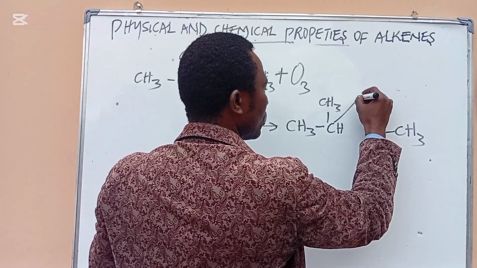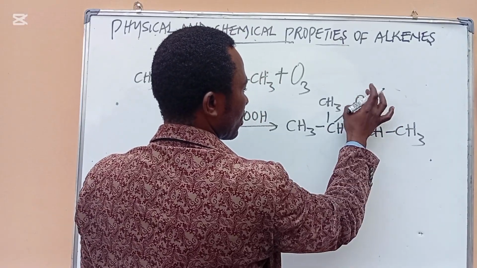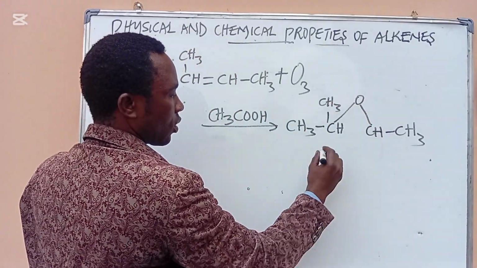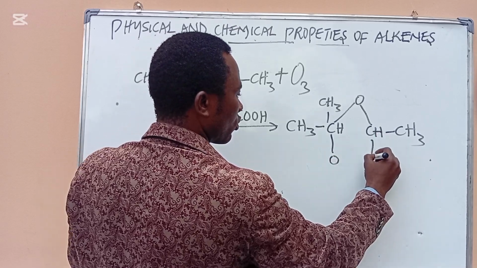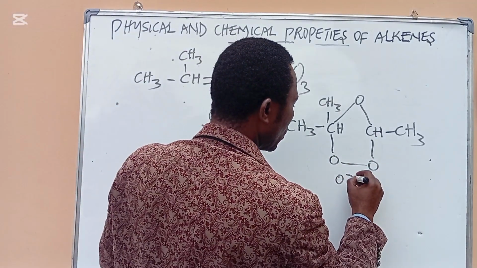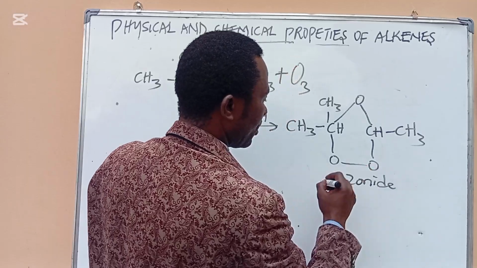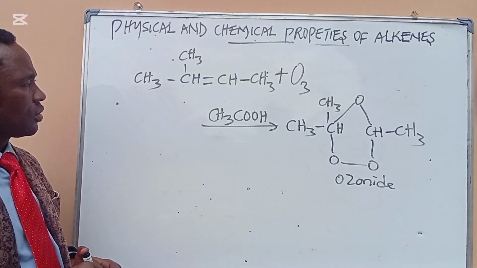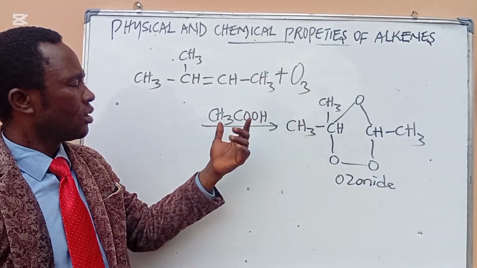One of the oxygens bonds to this side, while the remaining 2 bond to this side. So we complete the structure. So this is an ozonide. You see, this reacts with this to give you an ozonide.